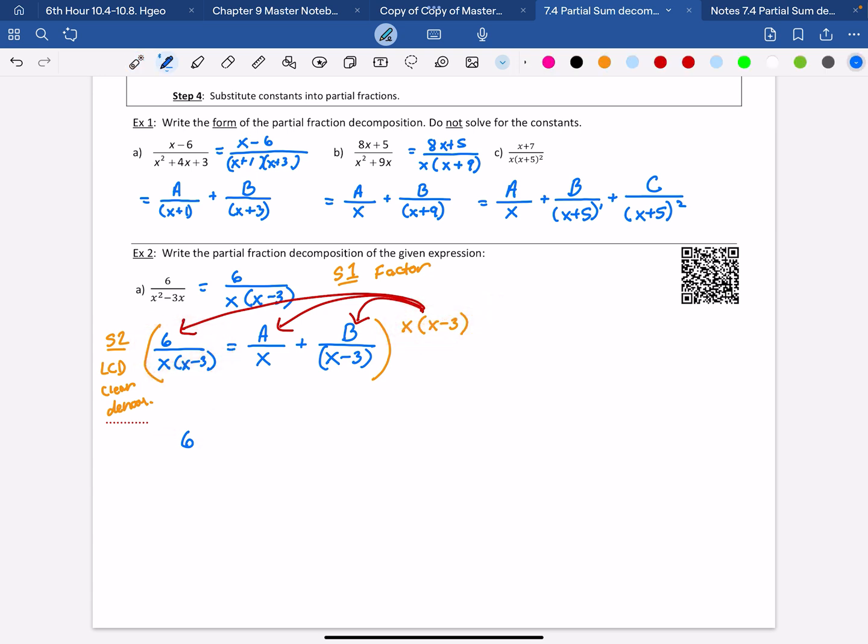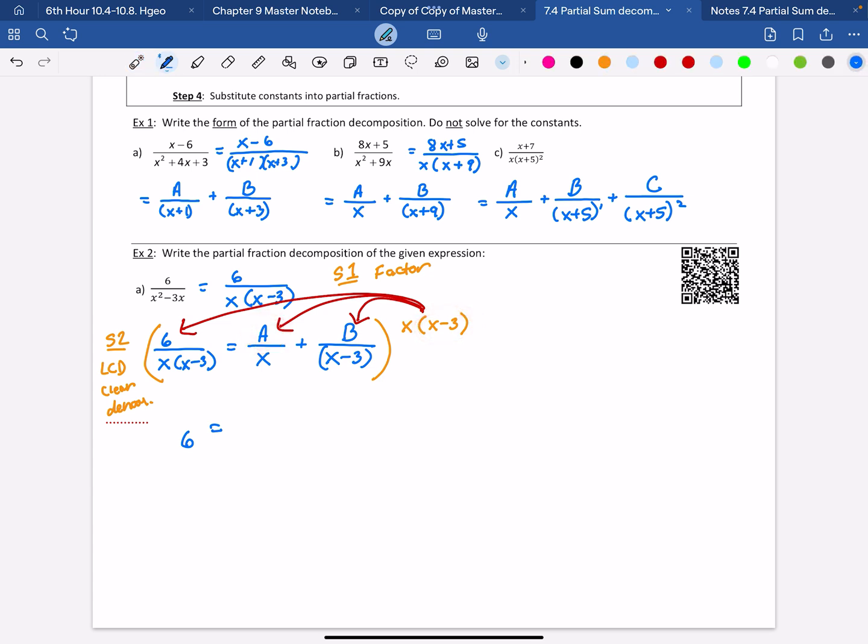Now let's proceed to multiplying the second term by x times x minus 3. Watch what happens here. When you take this and multiply by this term, keep in mind, these are factors. I can take this x and it'll wipe out with that x, and what's left over is your a and the x minus 3.